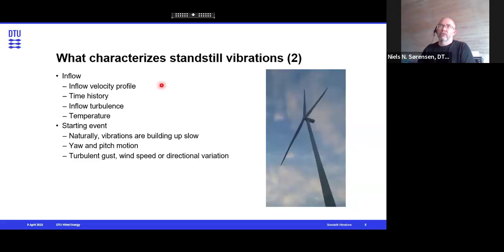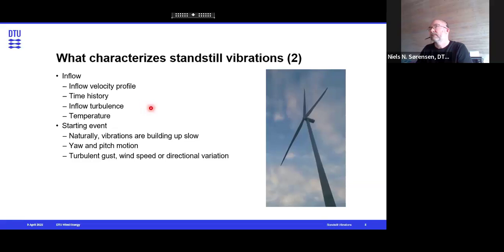Besides the turbine characteristics, of course, the inflow is also important. The inflow velocity profile and the turning of the wind, so the wind veer, are important. We have seen that the time history of the wind can be a potential trigger of these events.